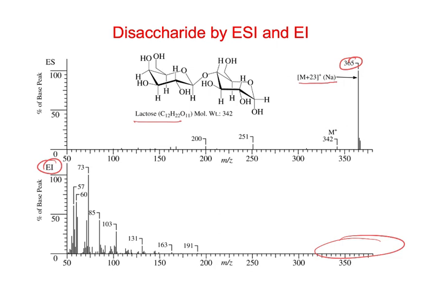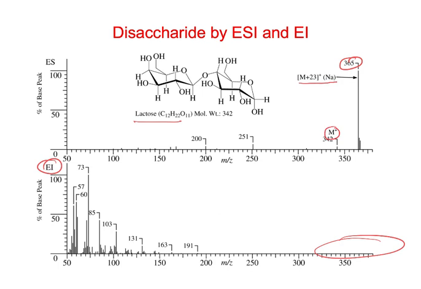What I don't understand in this is why they're actually seeing an M plus ion. Because just M plus suggests that they're creating some odd electron ion. They're losing an electron, but I don't think that this method has enough energy to do that. Usually you're just either forming this sodium adduct or protonating.